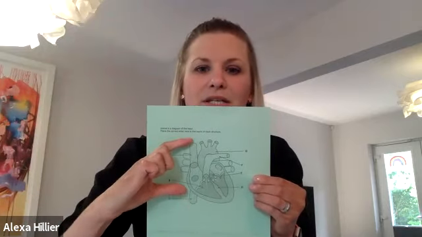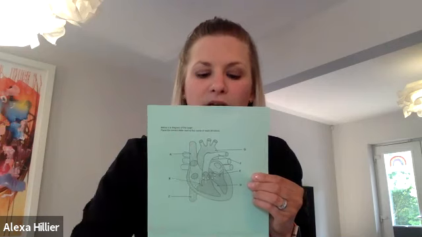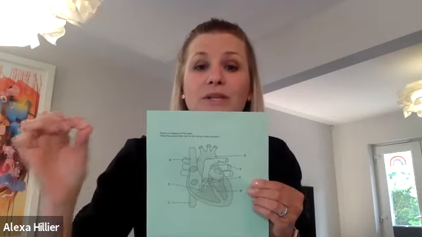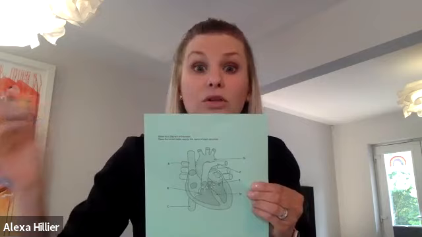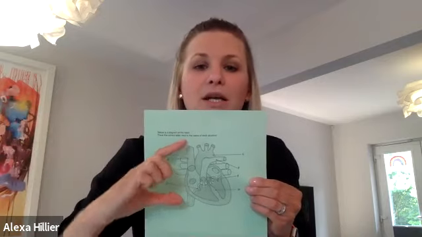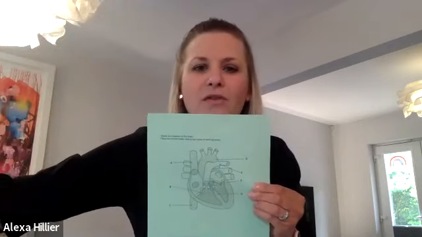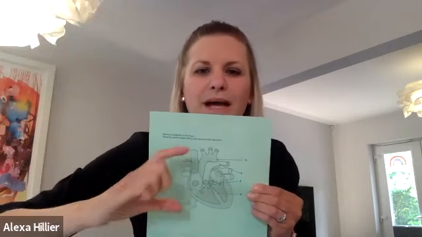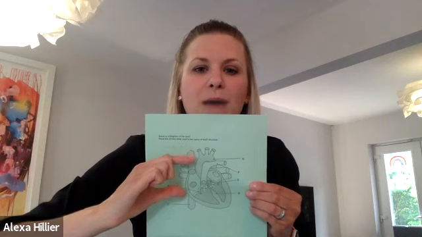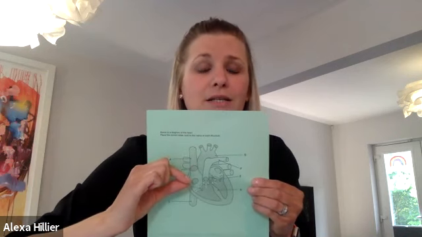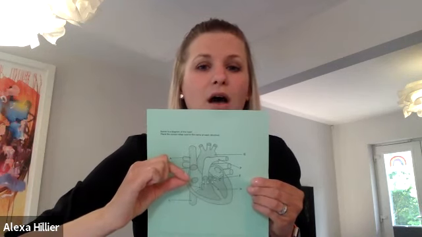And then we've got these two vessels on the right side. Remember, the right side deals with deoxygenated blood, or the carbon dioxide that's in the blood. So that comes all the way back from the body. It's had its oxygen, thank you very much. Here's the carbon dioxide back again. That blood comes back to the right-hand side of the heart.